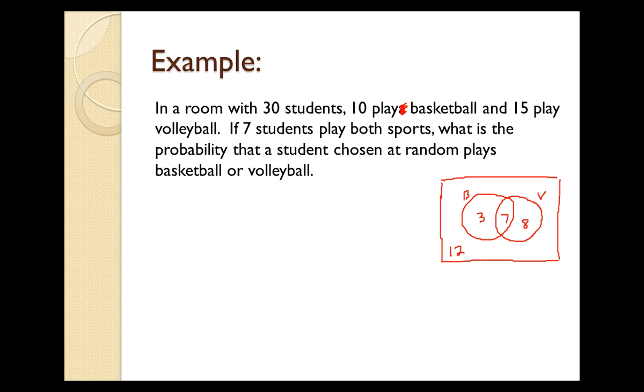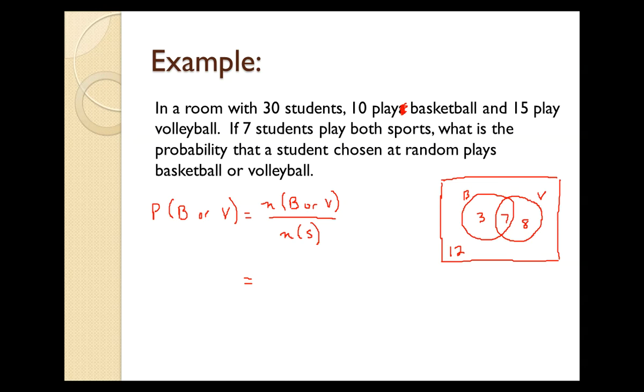So now we can see the probability that a student at random plays basketball or volleyball. Let's do it this way. If you follow along, the probability of a student playing basketball or volleyball, using our definition for theoretical probability, is the number of students that play basketball or volleyball over the total number of students, or the number of elements in our sample space.